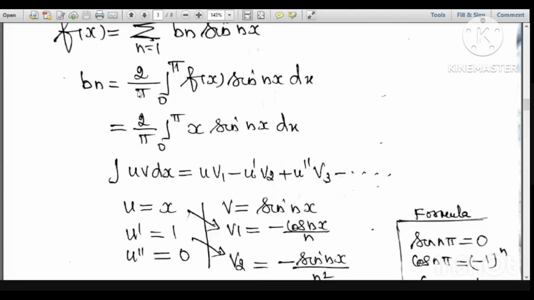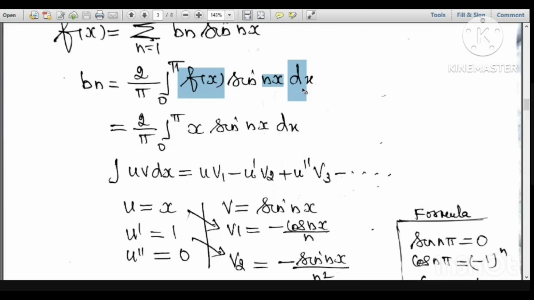So bn is equal to 2 divided by pi integral over the limit 0 to pi f of x sin nx dx, which is equal to 2 divided by pi integral over the limit 0 to pi x sin nx dx.